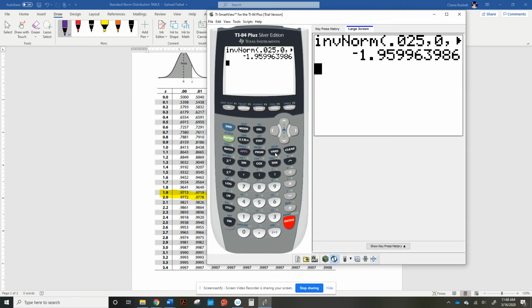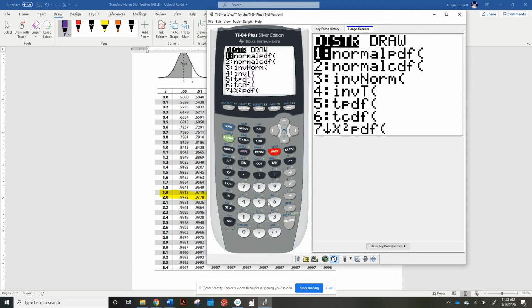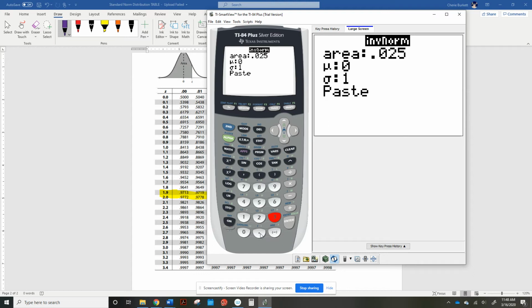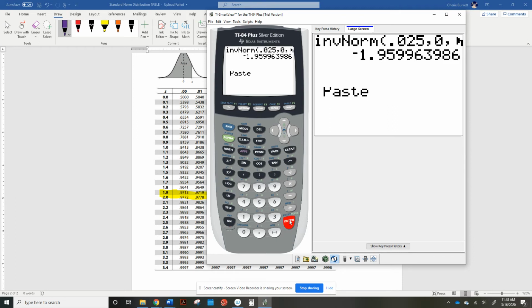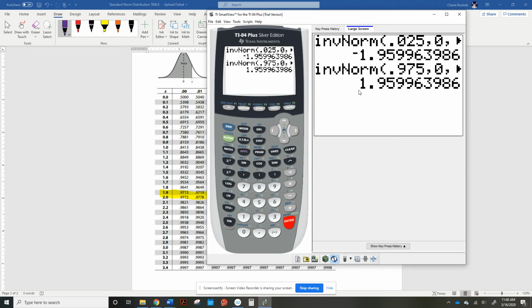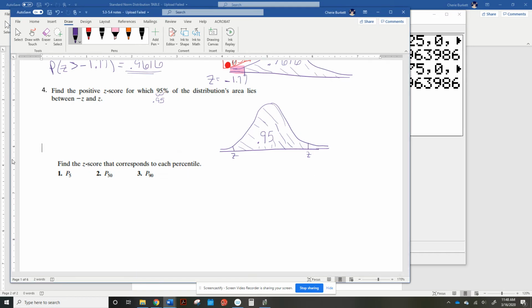And then you would have to do the other one, number 3, and it was 0.975. And that's 1.96. So that's, again, how you would handle doing your between. You have to do the area to the left. So you've got area to the left of this one, and then you've got area to the left of this one.